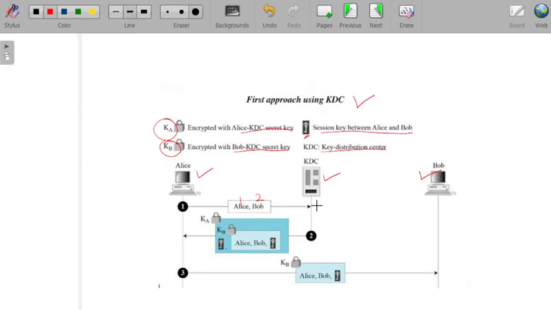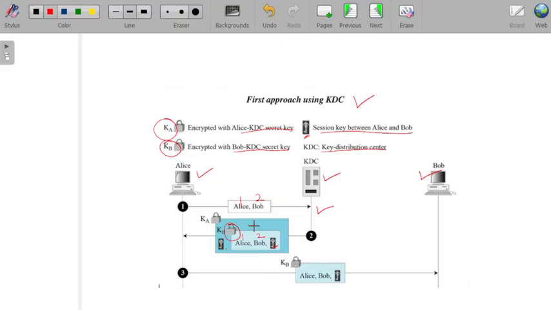When the key distribution center receives that message, it sends back user number 1, user number 2, and the session key between Alice and Bob, encrypted with the secret key shared between Bob and the KDC.